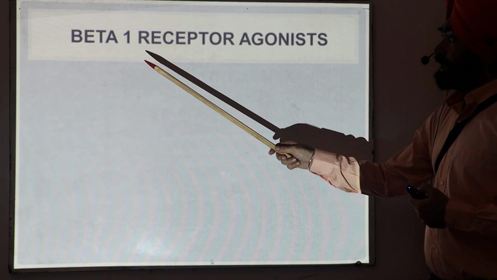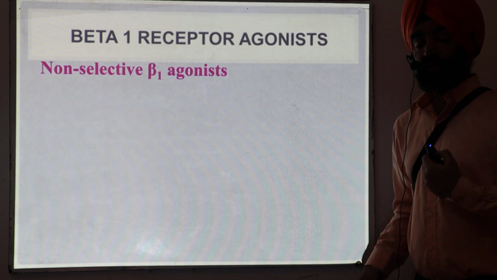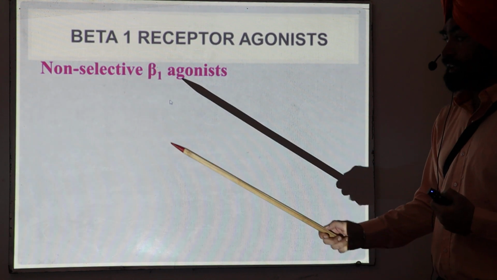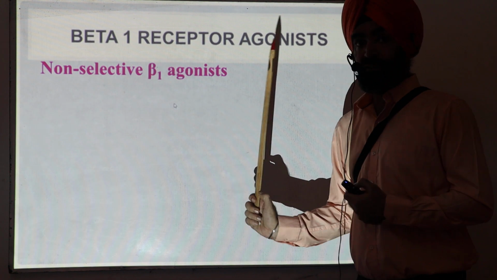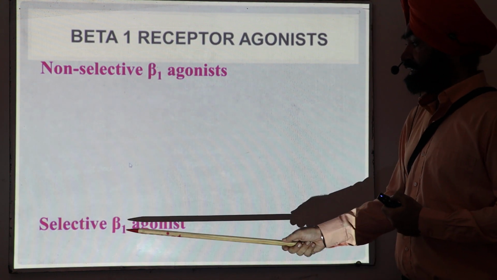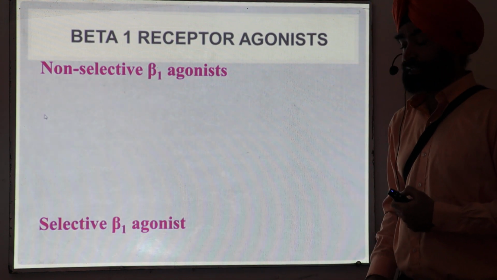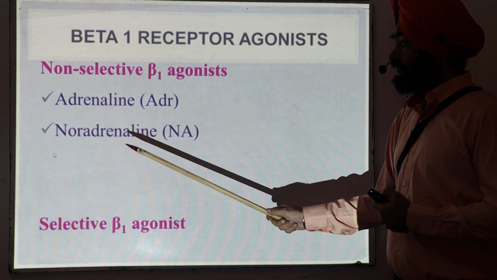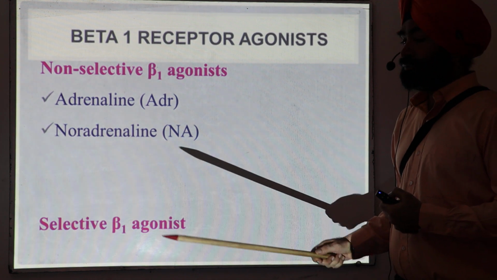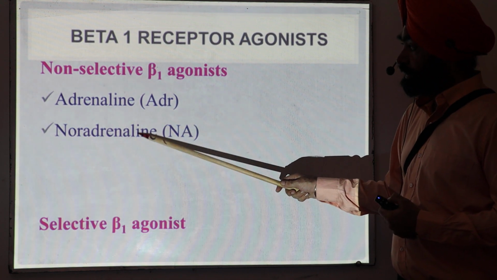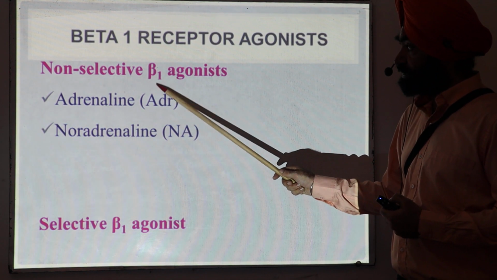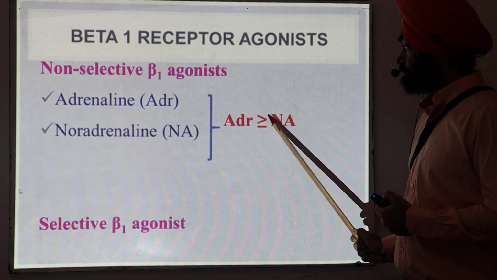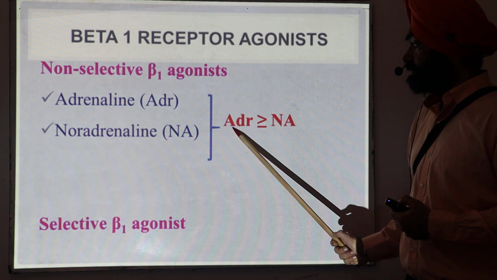First of all, the names of some beta 1 receptor agonists. First I am discussing non-selective beta 1 agonists, and then selective beta 1 agonists. In non-selective, we have adrenaline and noradrenaline; in selectivity for beta 1, they are almost equal.